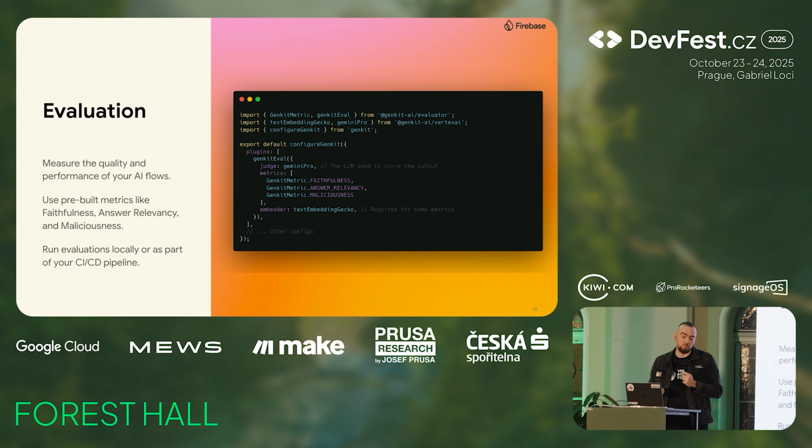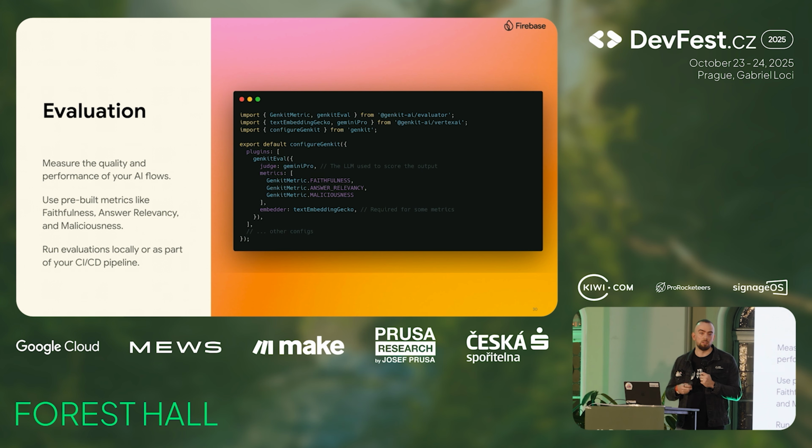Some developers do PRs, and you can check the CI if the PR somehow reduced accuracy of the response or not. This is something that Genkit is providing, and it's one of the tools that it has.